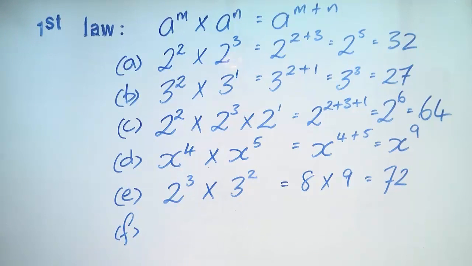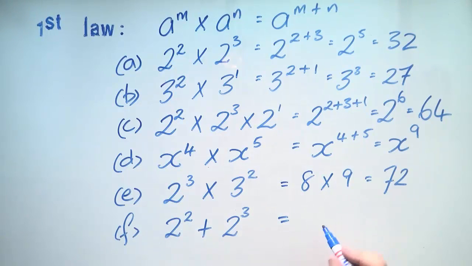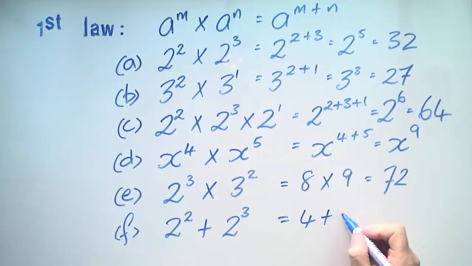Example F. Here I have the same base, but I don't have a multiplication sign, so I cannot use the first law here either. If I can't, then I must follow the order of operations, so that's 4 plus 8, isn't it?